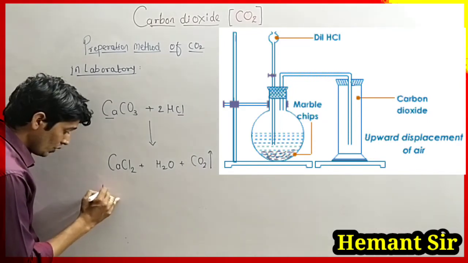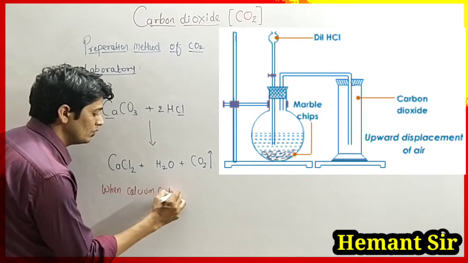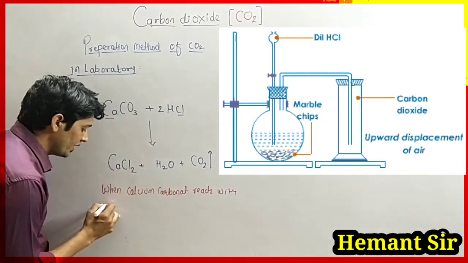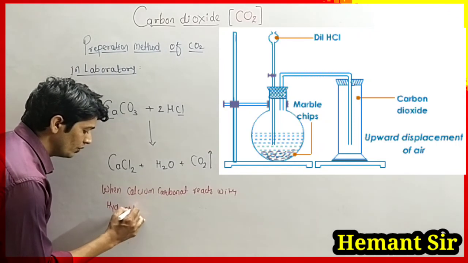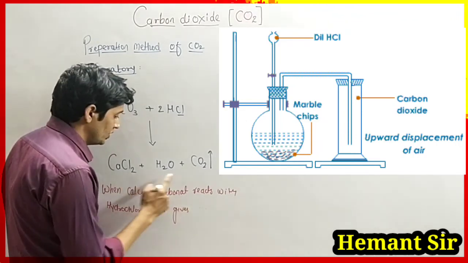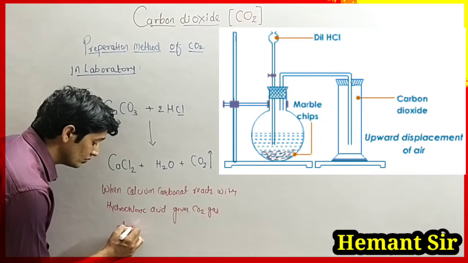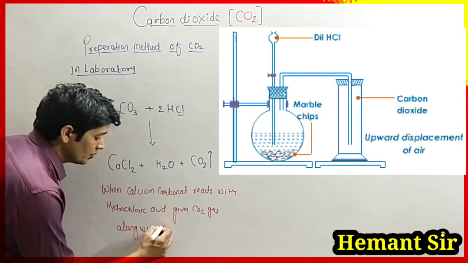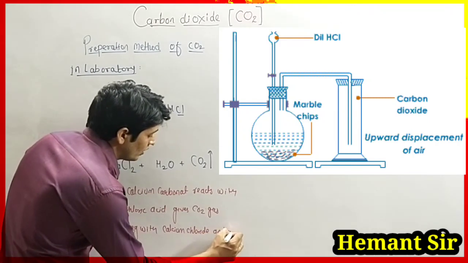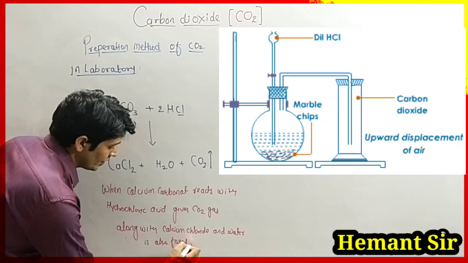When calcium carbonate reacts with hydrochloric acid, it gives carbon dioxide gas, along with calcium chloride and water, which are also formed during the reaction.